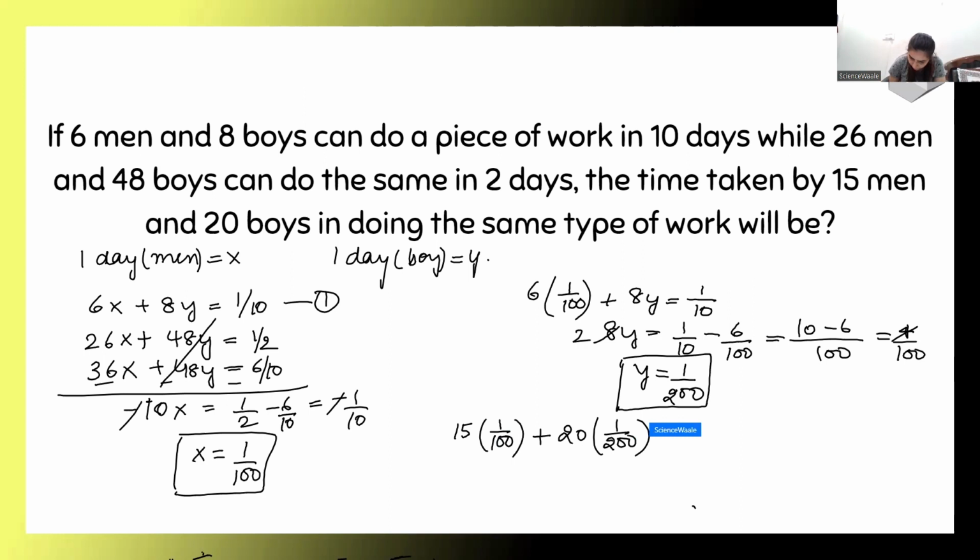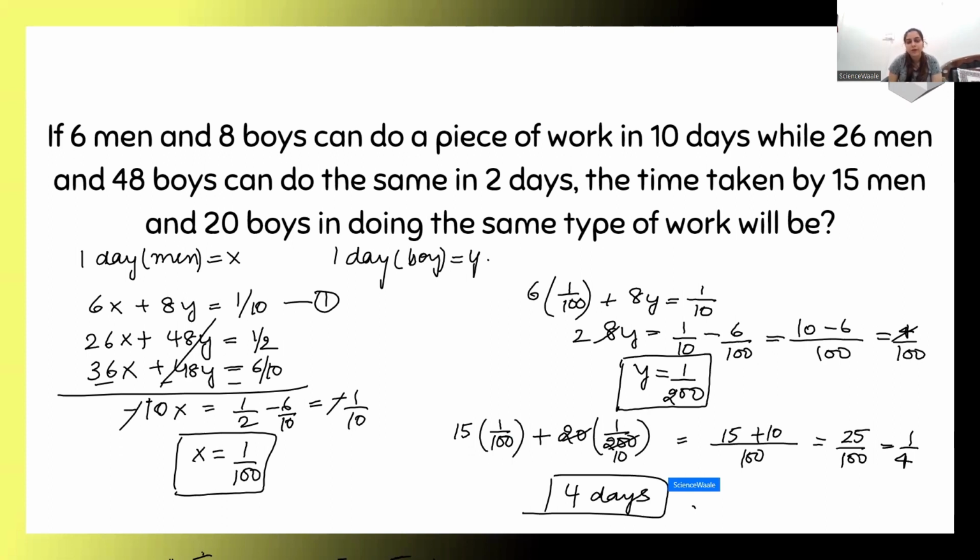If we take 100 as the LCM, it's going to be 15 plus 10, which is 25 by 100, which is 1 by 4. So 15 men and 20 boys can do it in 4 days. Okay.